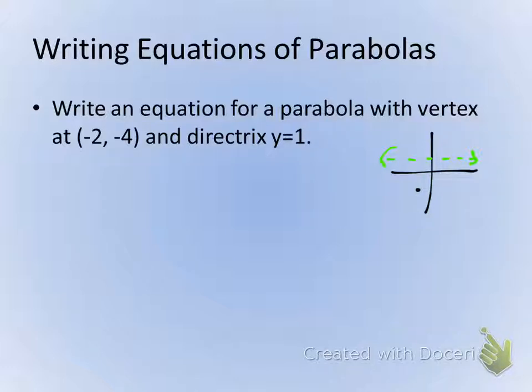Now, to figure out what A is, you already have pretty much everything you need. -2, -4 is H and K. Label them. Your directrix is y equals 1. And since it's y equals, the formula for that is y equals K minus 1 over 4a.